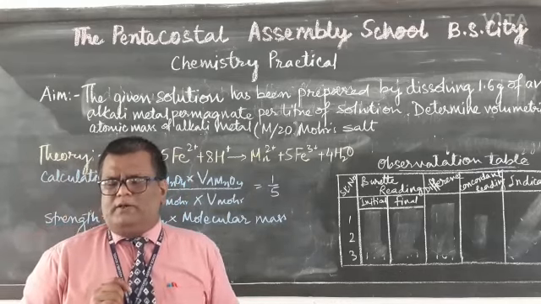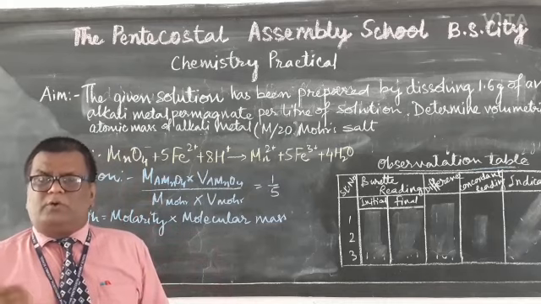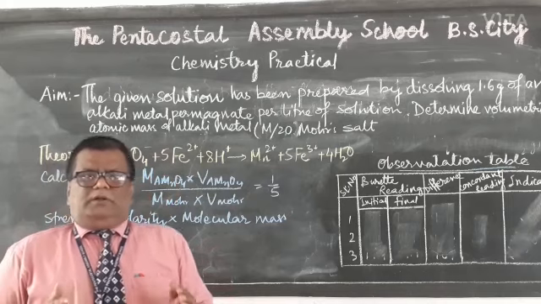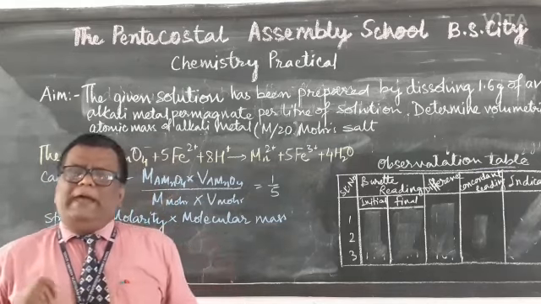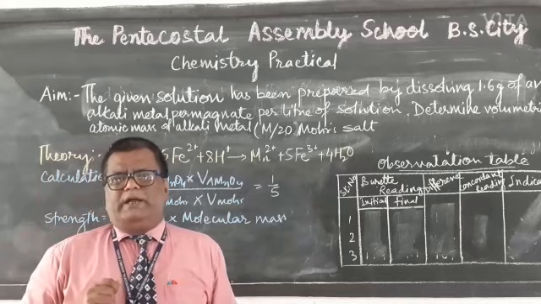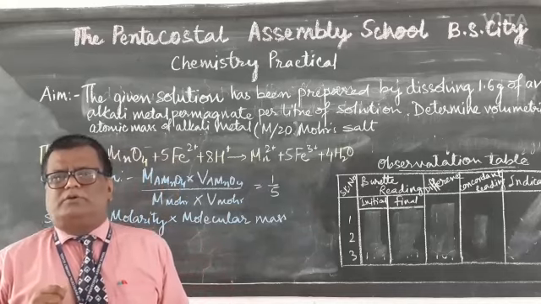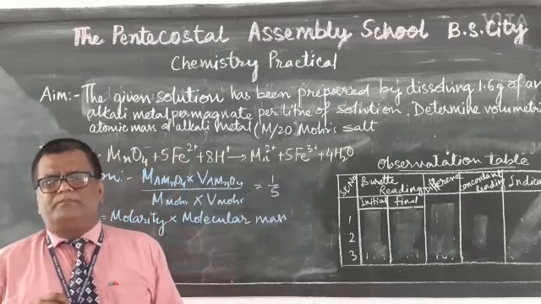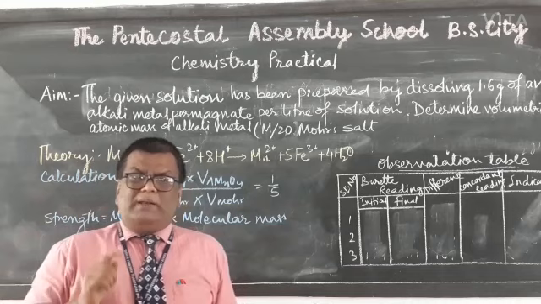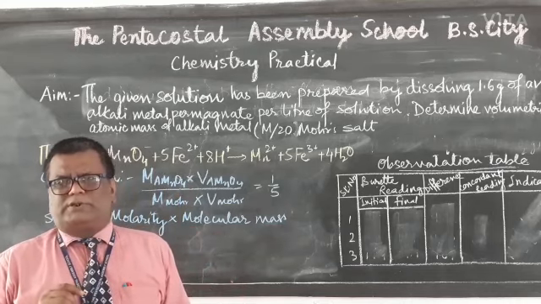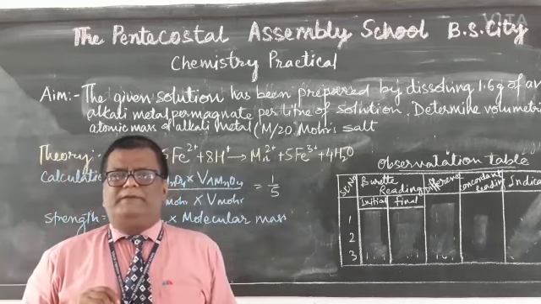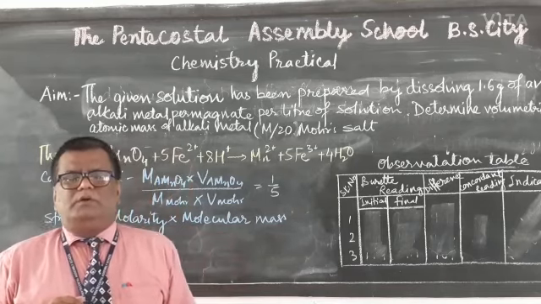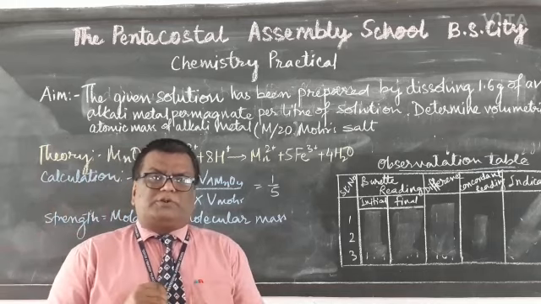In the theory you must write that we keep AMnO4 in the burette and 20 ml of Mohr salt is taken by pipette in the conical flask, and then 1 full test tube of 4N H2SO4 should be added to make the solution acidic. Now this is the procedure.